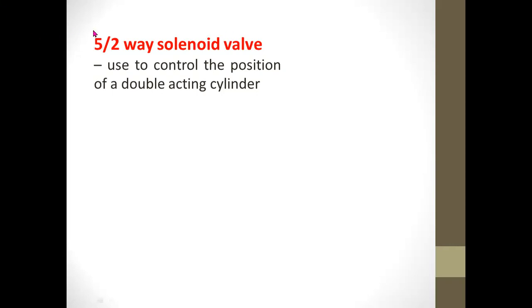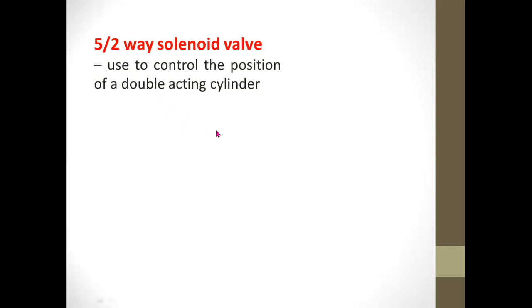The same way as with the three two-way, the number five represents the number of ports, and two stands for the number of positions, given by the extended position and the retracted position.